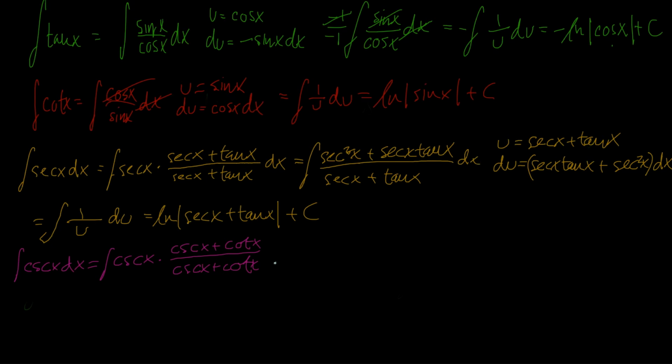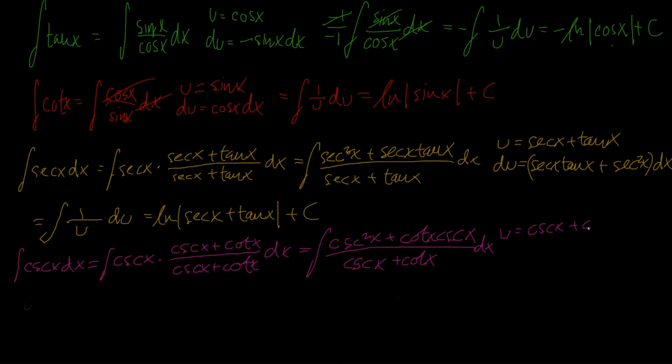And then when I distribute that cosecant x, I'm going to get the following. As you can see, all I did was distribute that cosecant x to the cosecant here and the cotangent there, and I have the same denominator there. And then I'm going to do a u substitution of cosecant x plus cotangent x, right?